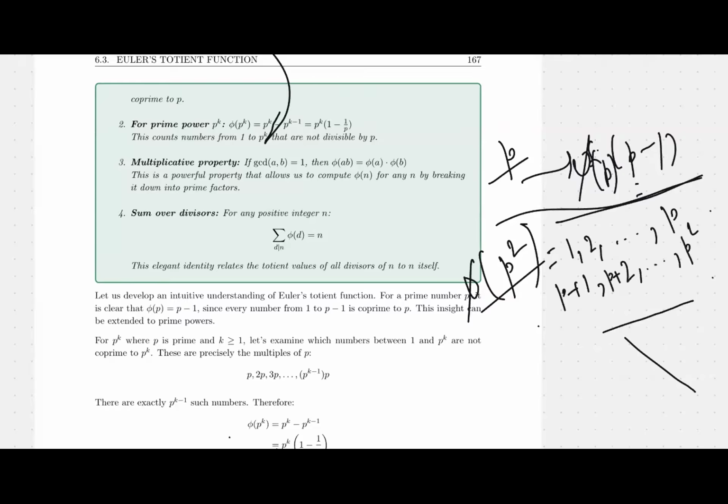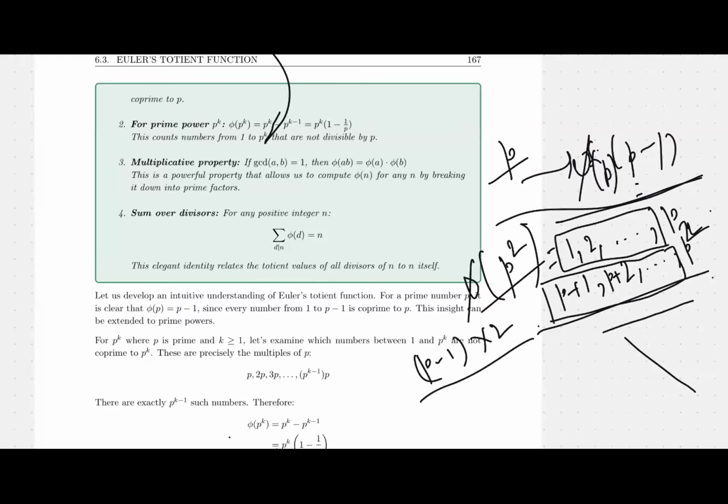Now, all of these numbers are coprime to p, which means p minus 1 times 2, right?